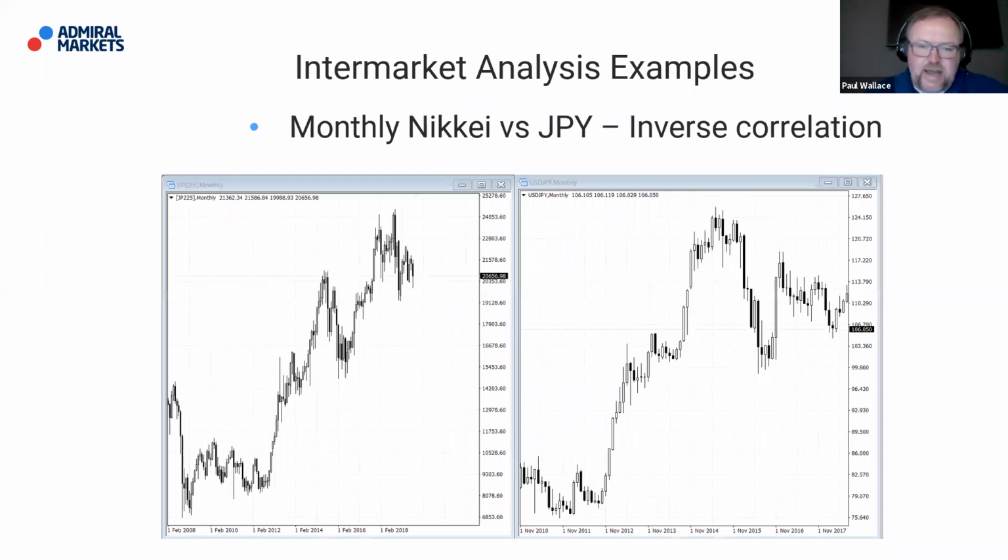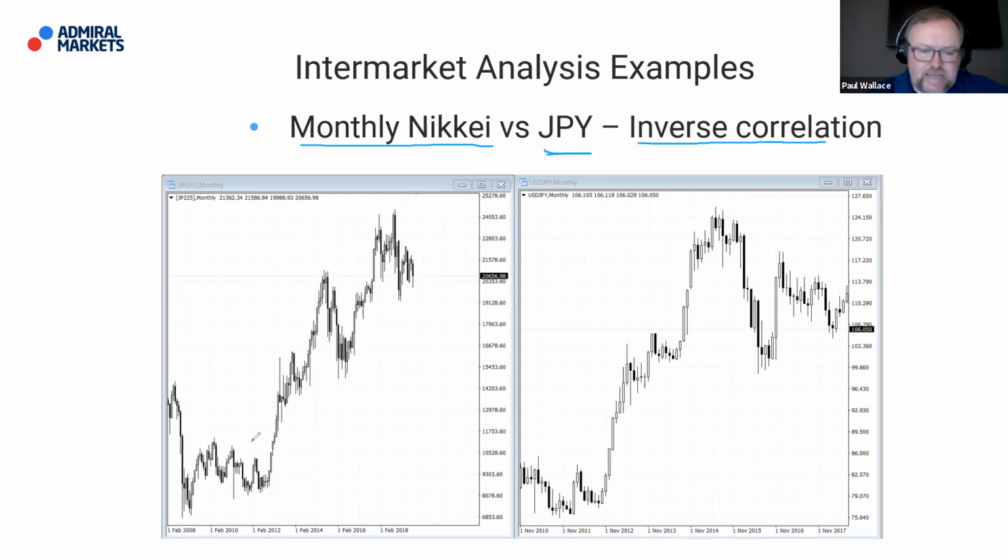So here's another correlation that we can talk about. What we're looking at here is the monthly Nikkei versus the Japanese yen. What we have here is an inverse correlation.